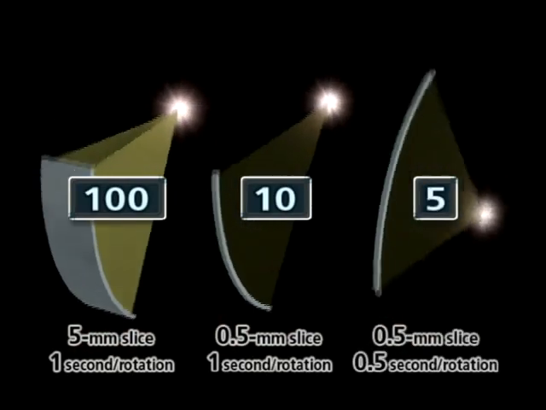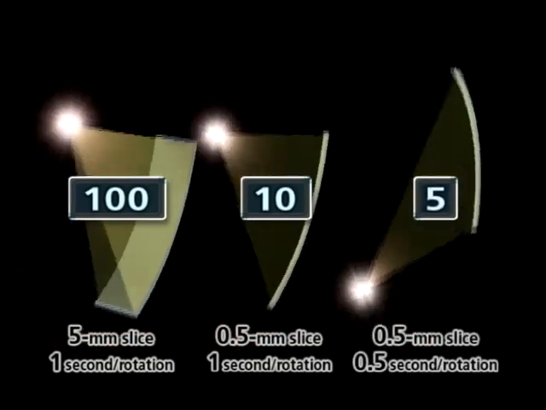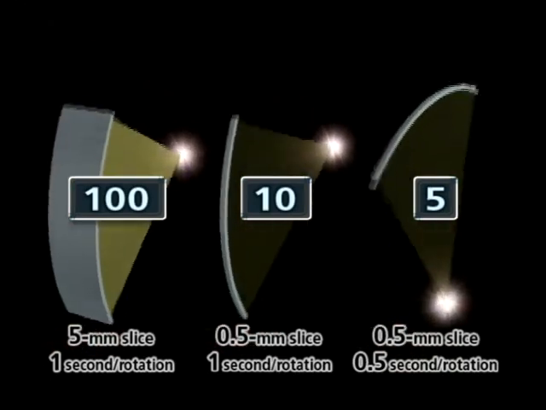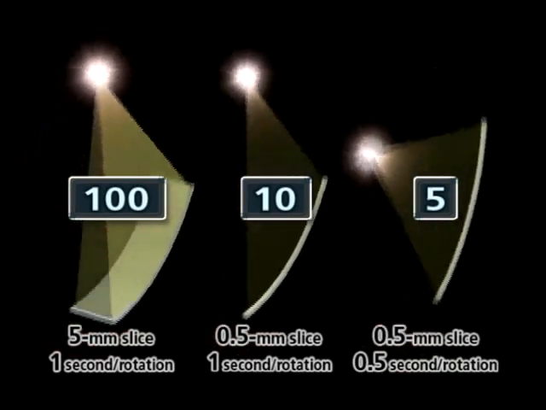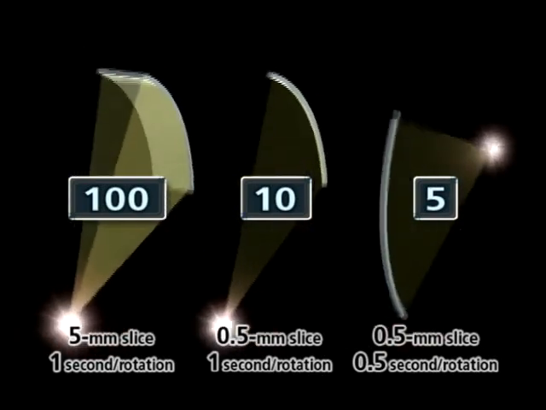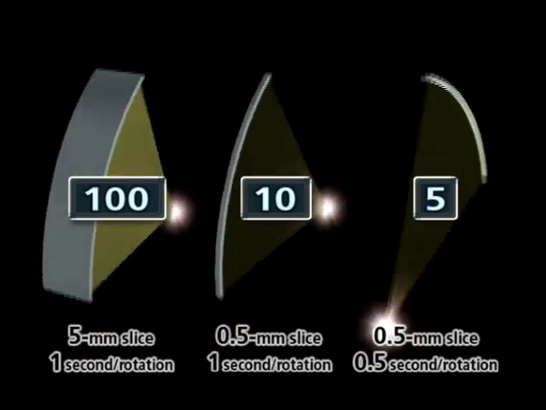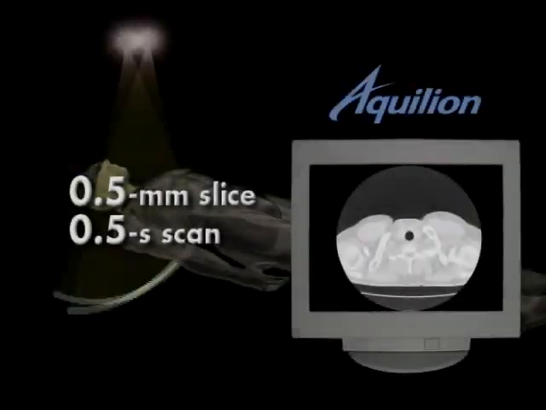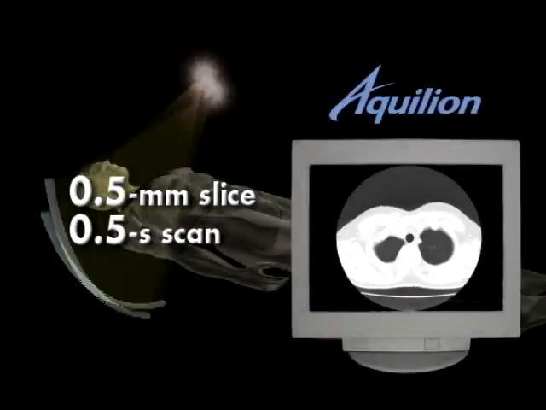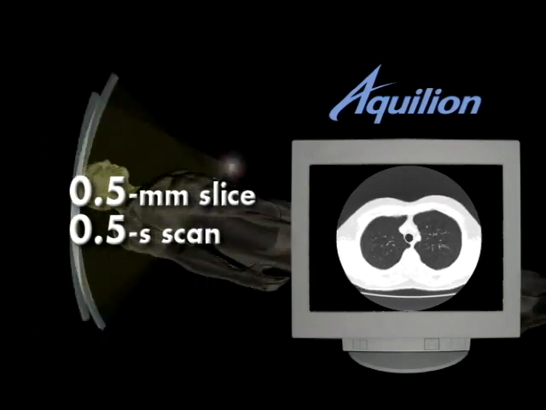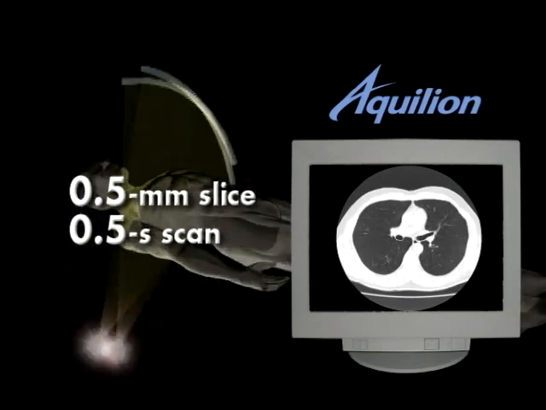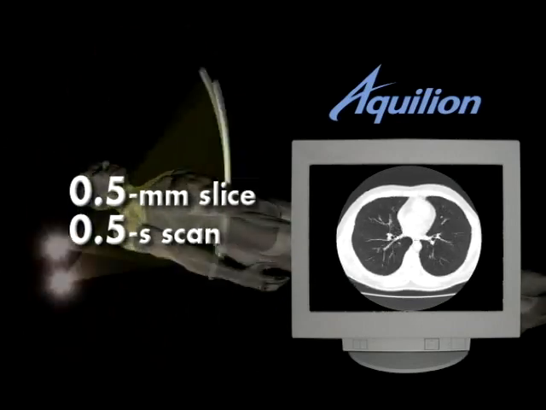If the rotation speed is increased to a half-second, it falls to just 5. Hence, the thinner the slice and faster the rotation speed, the more image quality suffers owing to an insufficient dose. To achieve a half-millimeter slice in a half-second scan demands the capability to detect faint photons and reproduce them in a high-quality image.